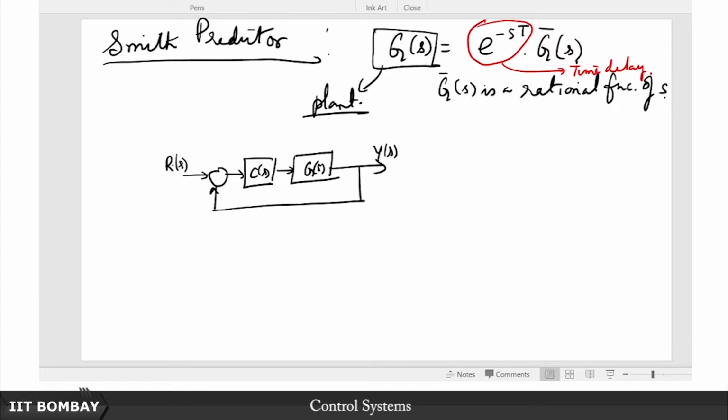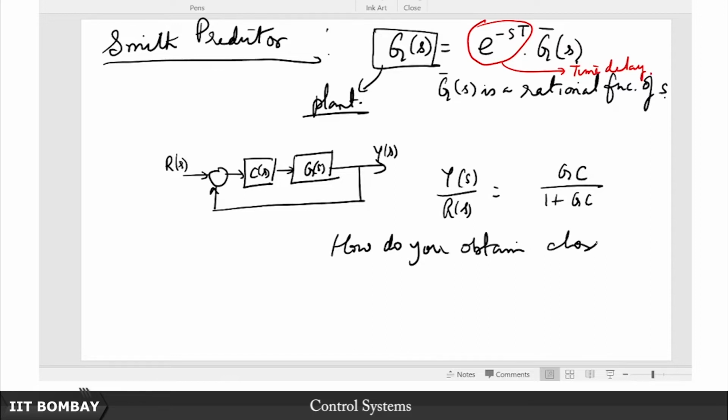If you want to obtain the transfer function from R(s) to Y(s), you will see that Y(s) upon R(s) is obviously given by GC upon 1 plus GC. But because this G is not a rational function, but rather this G bar is a rational function, which is accompanied by this e to the minus sT term, which is a complicated sort of term.